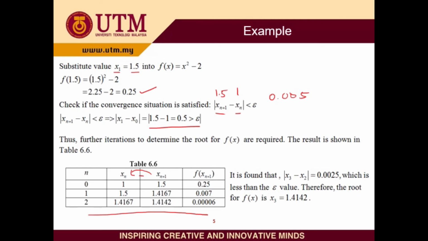Here you can see x3 minus x2 is 0.0025, which is less than our error 0.005. Therefore the root for f(x) is your x3. You must remember how to get the final answer here: x3, which is 1.4142.